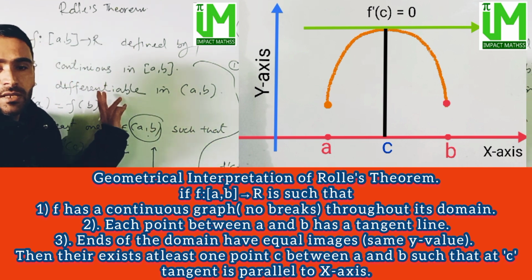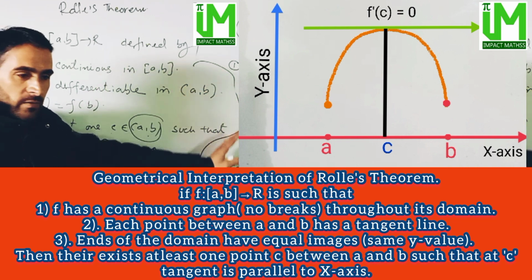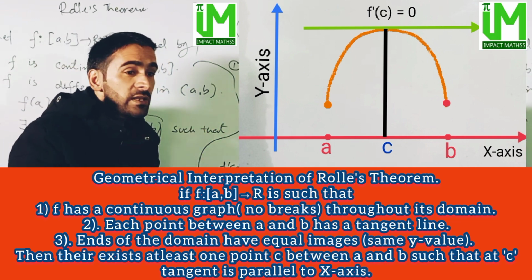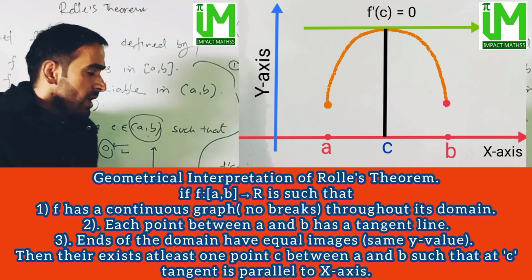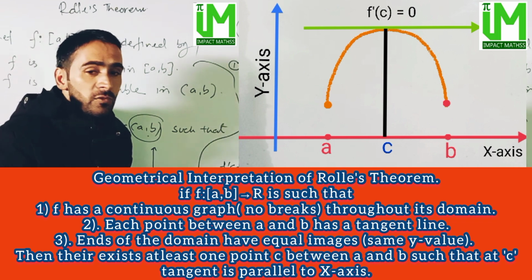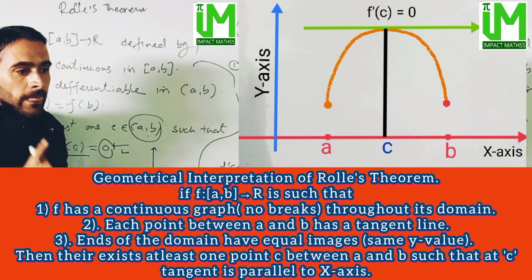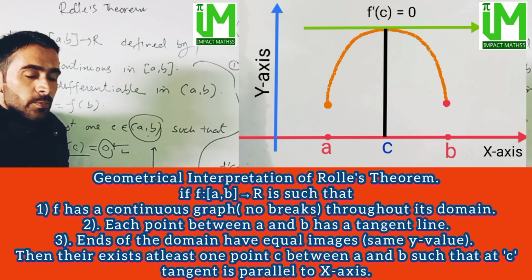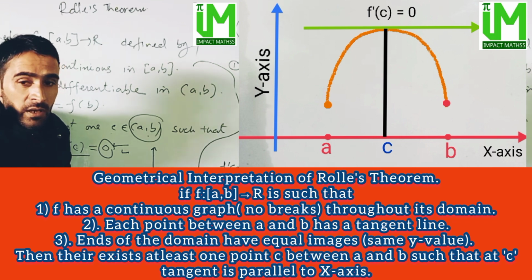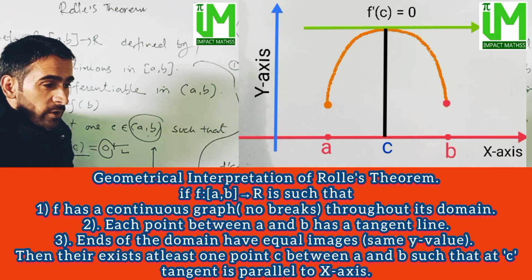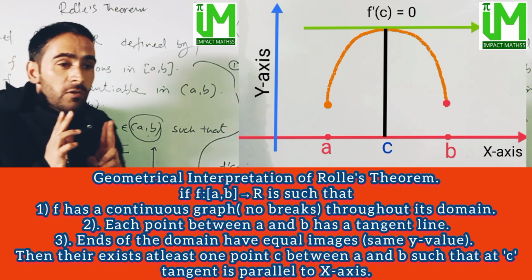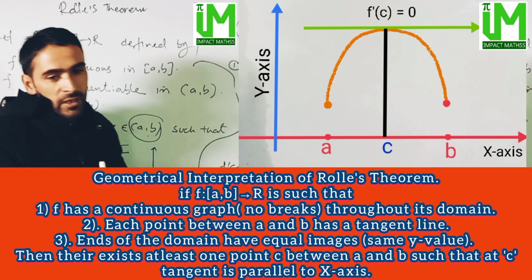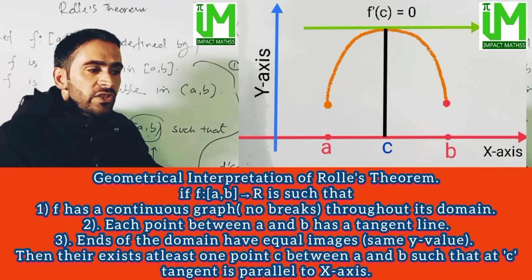If we have a function f such that it is continuous in the open interval a b, which means the graph from a to b is a continuous graph, without breaks, without jumps. Second, f is differentiable in the open interval a b, so at every point we can draw a tangent and compute its slope. And third, f of a is equal to f of b, that is, the images at a and b are the same.